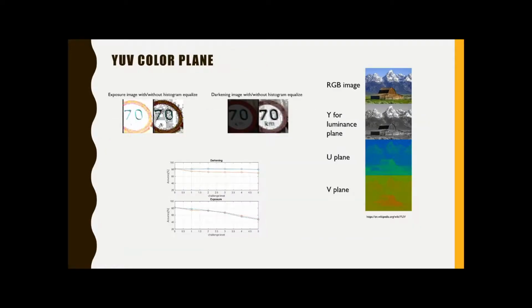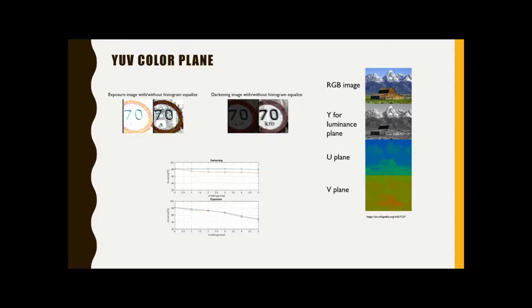However, we decided not to apply histogram equalization directly on the RGB color plane. Instead, we transform the RGB plane to another color space called YUV, because it contains luminance or brightness information. The YUV color space separates luma and chroma. The Y means brightness, which is the gray level.